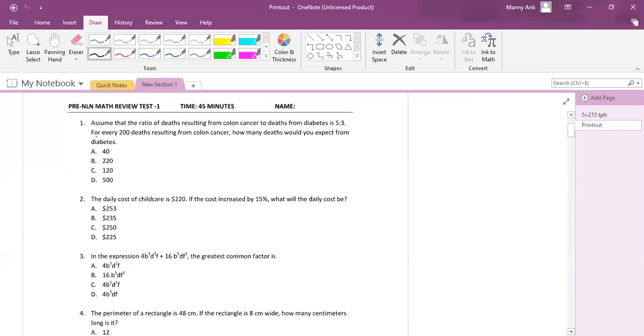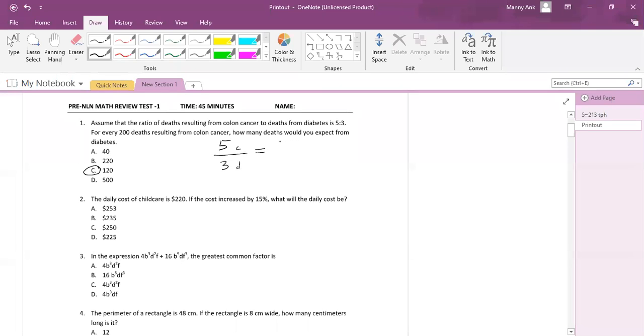Number one, the answer is 120. So we can set out the proportion, right? Assume that the ratio of death from colon cancer to death from diabetes is 5 to 3. So you can say 5 colon cancer deaths to 3 diabetes, right? On this side. Set out the same proportion on the other side.